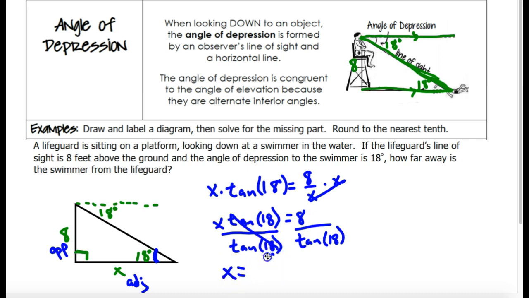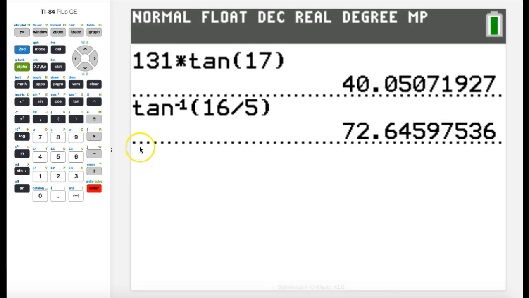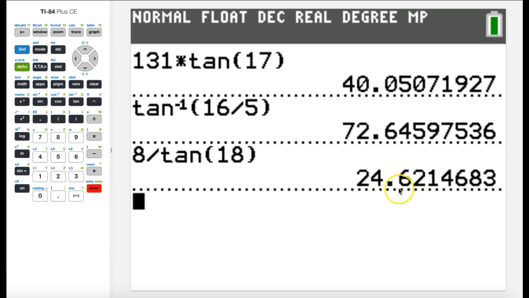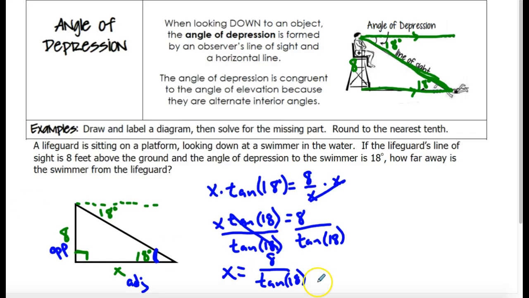This we can put into the calculator: 8 divided by the tangent of 18 degrees. If we round to the nearest tenth, that will be 24.6. We are given units of feet, so 24.6 feet.